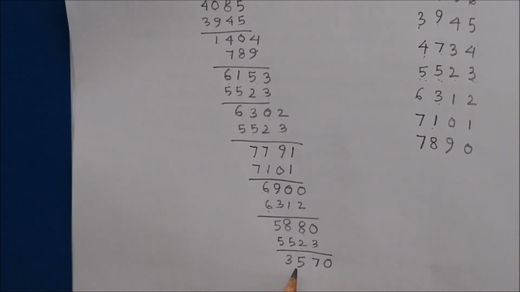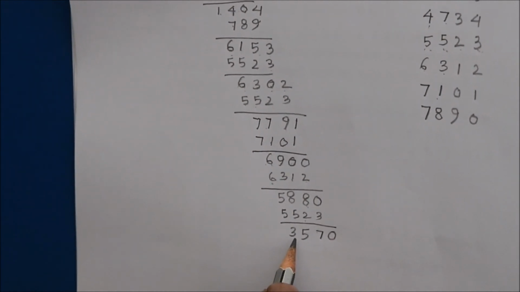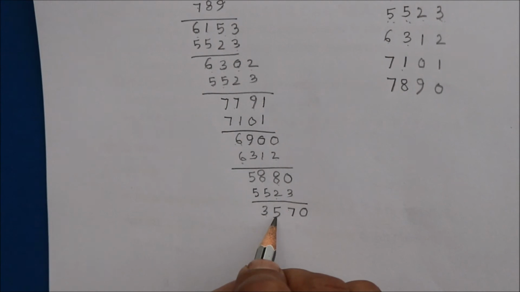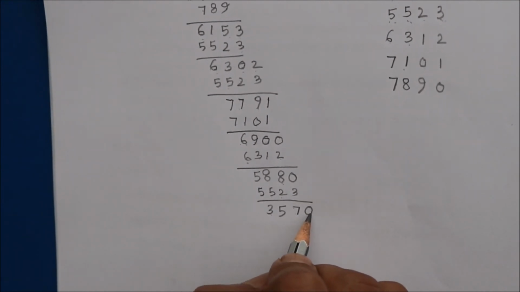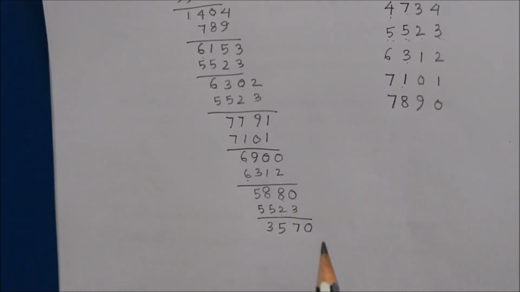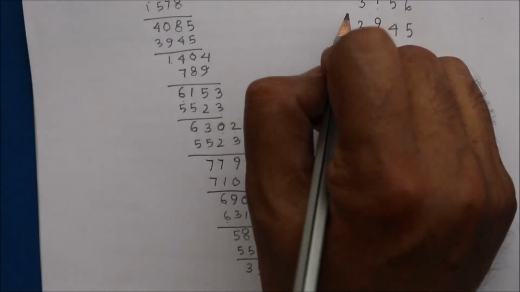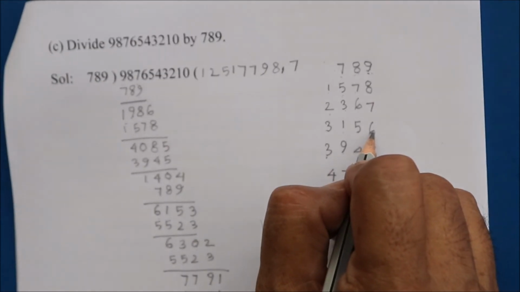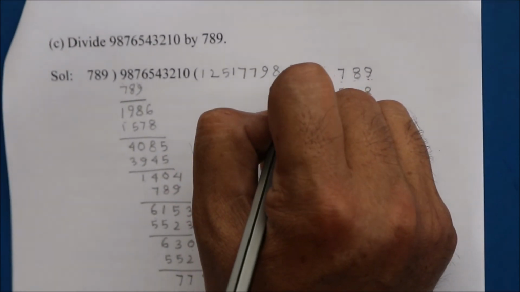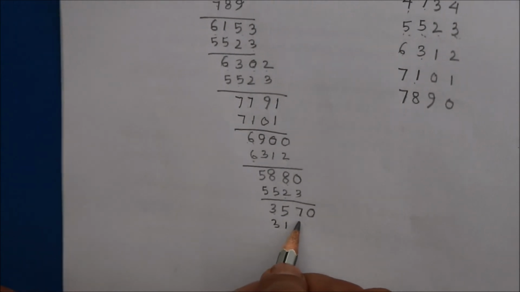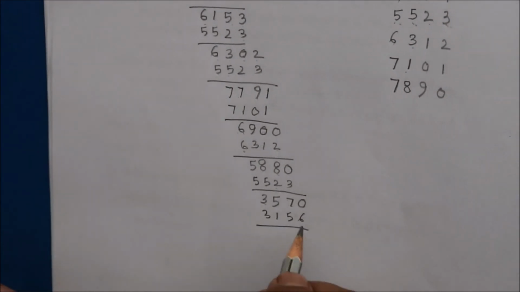The nearest multiple of 3570 is less than 3570 is 3156, which is the 4th multiple. You write 4 here and write 3156. 4 more.